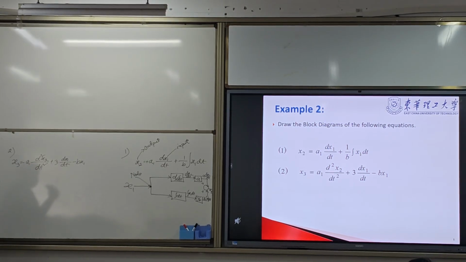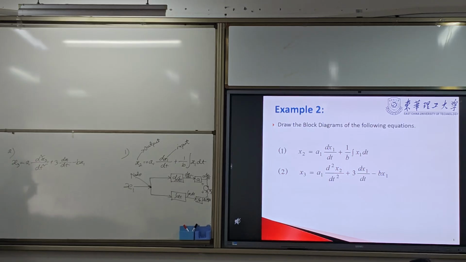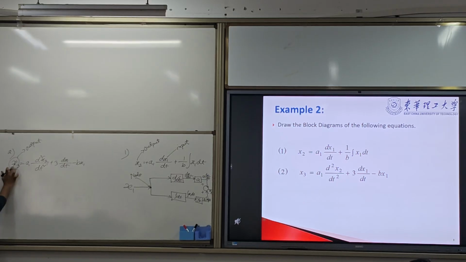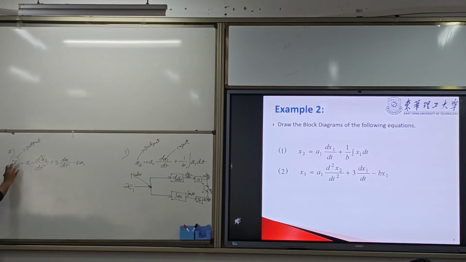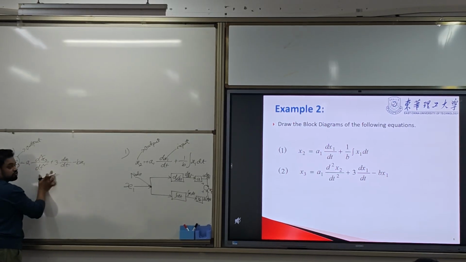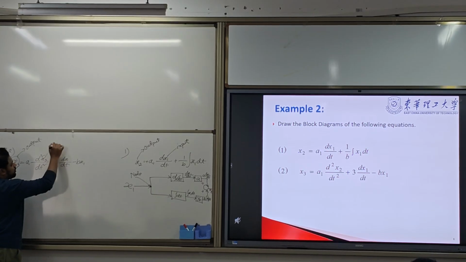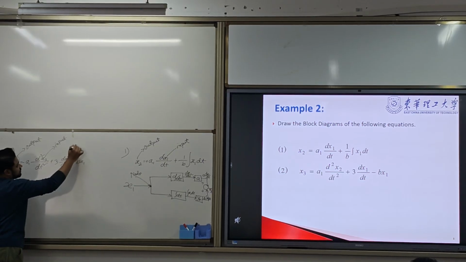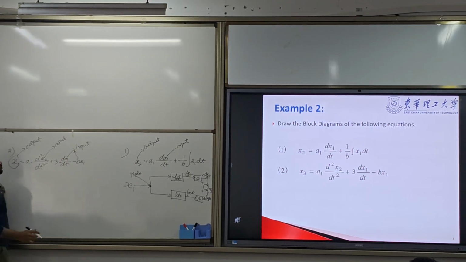What is the output here? x3, right? x3 is the output, because there is no mathematical operation, no gain, it is just a variable. Now how many inputs do we have? Two: x1 and x2.